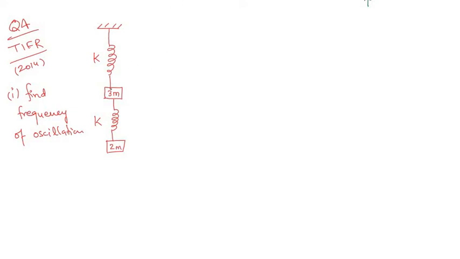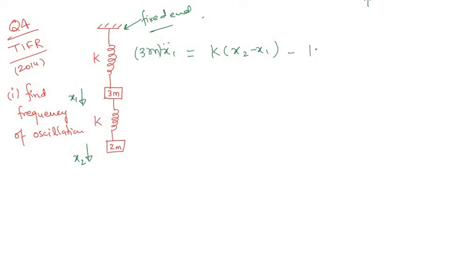Assume that the displacement of block 3m is x1 in this direction, that of block 2m is x2 in this direction, and this is the fixed end. So m x1 double dot, that is 3m x1 double dot since the mass is 3m, is equal to K times (x2 minus x1) minus K times x1.